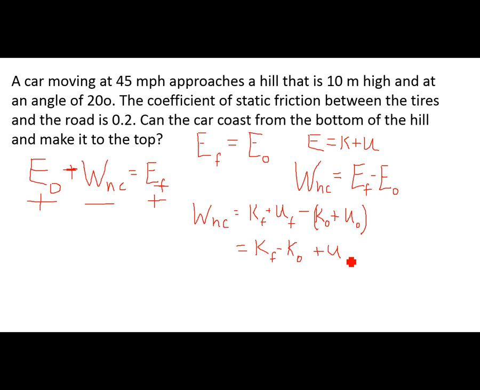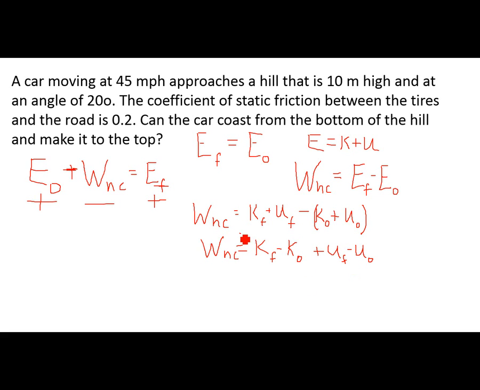Oh, you know what this is? This is the work energy theorem that we had on the first slide. Individually, work was a change in kinetic energy, and individually, work was a change in potential energy. And now we see that work is actually the change in each one of these.